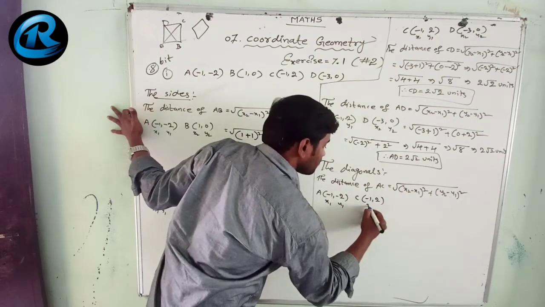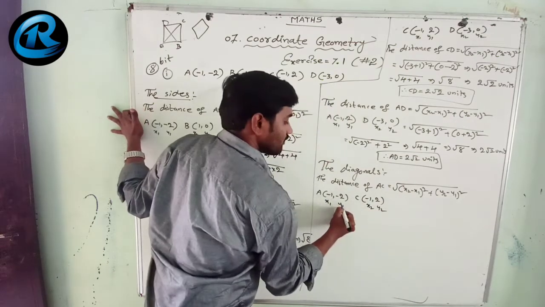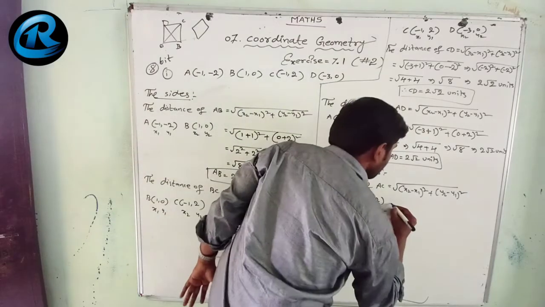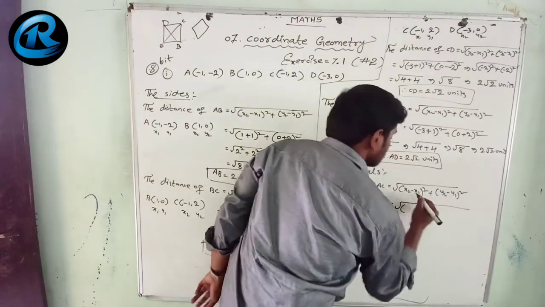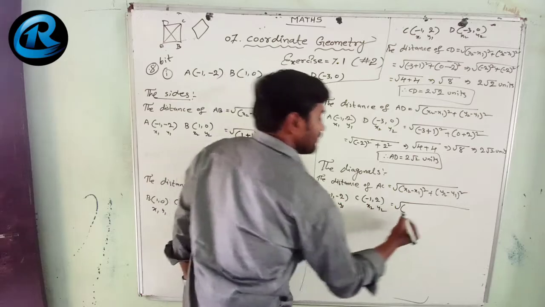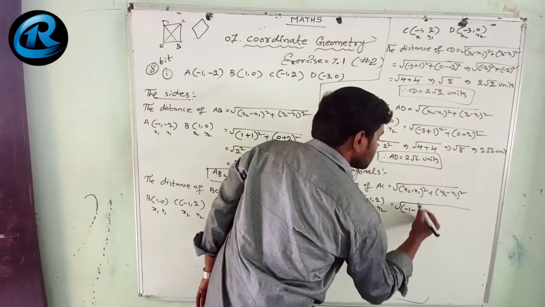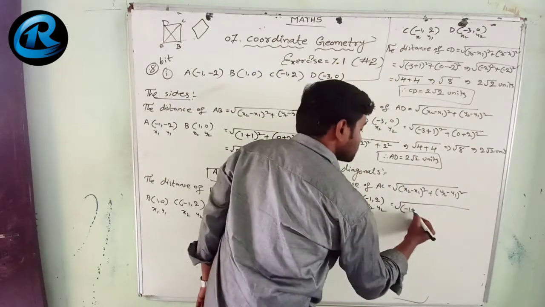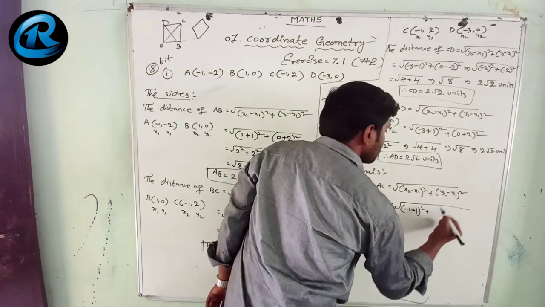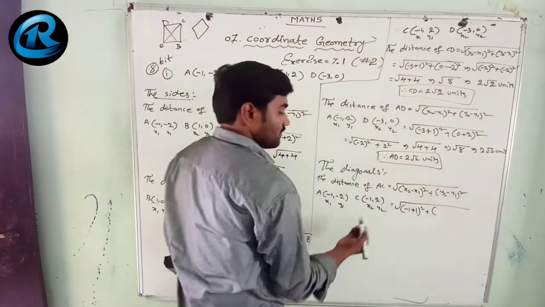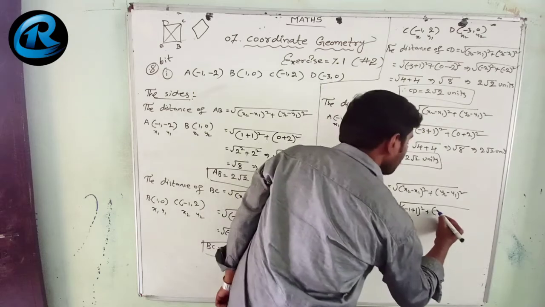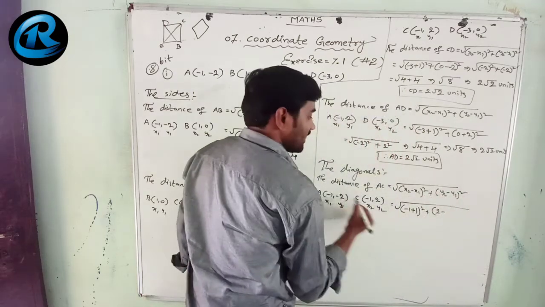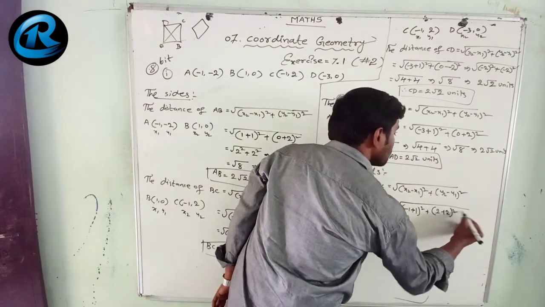These are x1 y1 and x2 y2. Let us see now. We'll substitute: x2 minus x1, minus 1 minus of minus 1, so plus 1 whole square, plus y2 minus y1, y2 is 2 minus y1 value is minus 2, so plus 2 whole square.